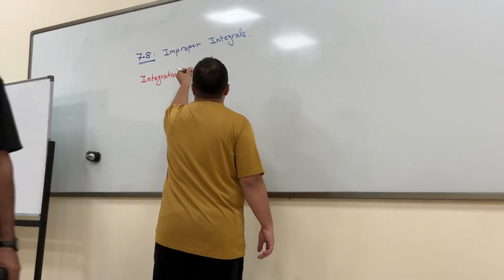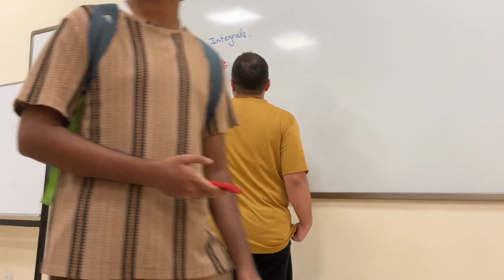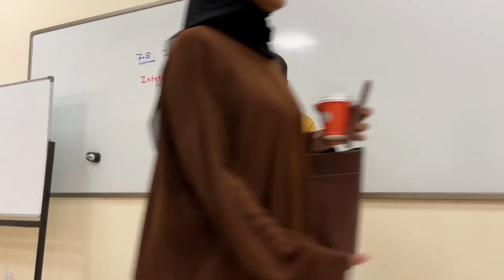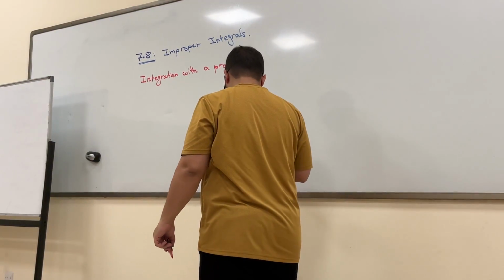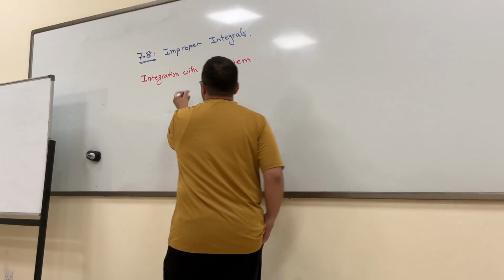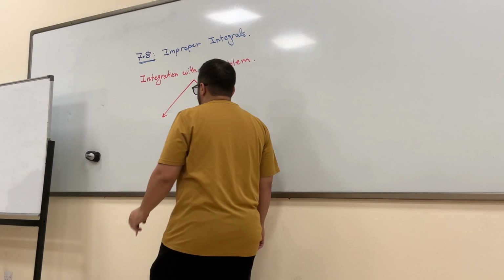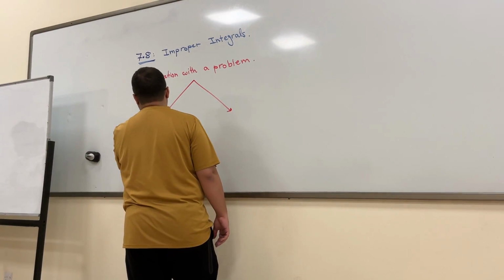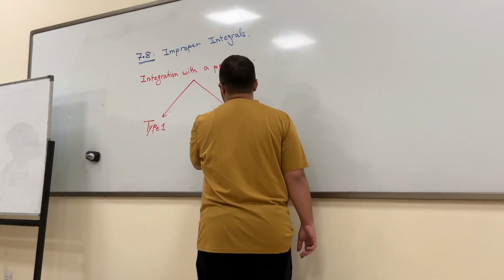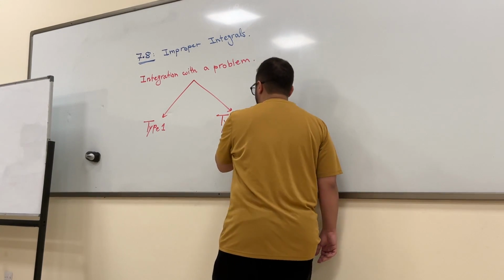with a problem. There's a problem happening. Now we have two types of problems. So, something we call type 1, type 2.